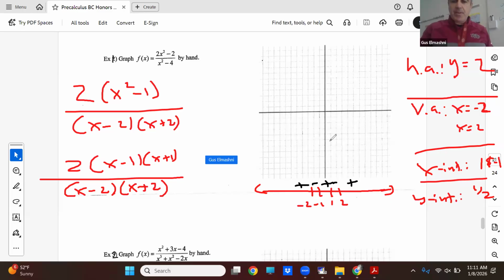So now if I plot all this, we'll go light blue here. And y equals 2. And 1 and -1.